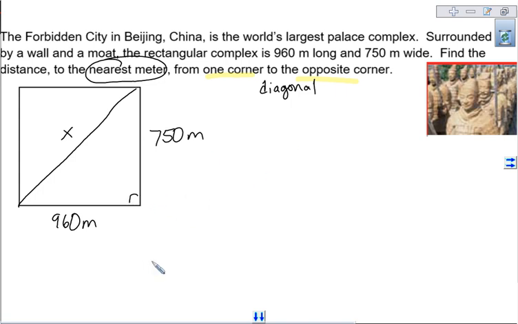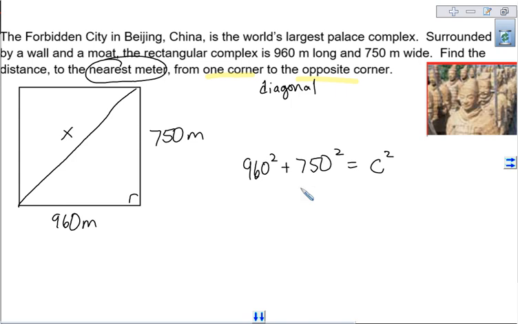So, what should we do? Use the Pythagorean theorem. So 960 squared plus 750 squared equals c squared, our length. Now I'm going to type all of this into the calculator at one time and get one really large number.